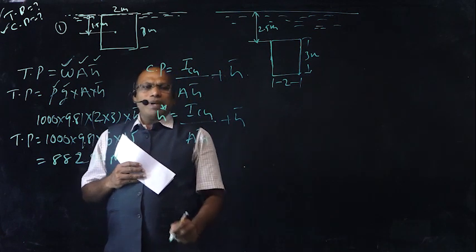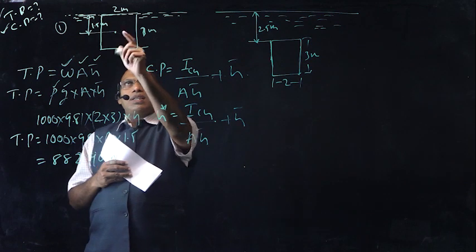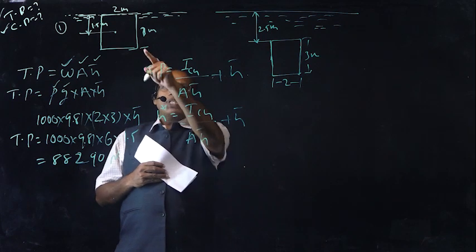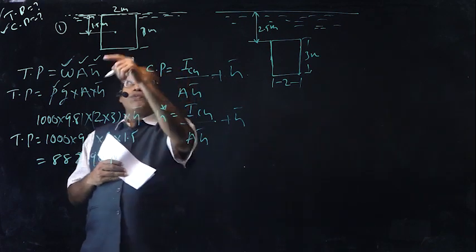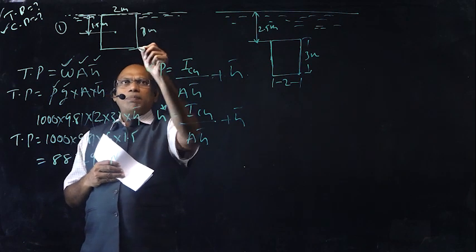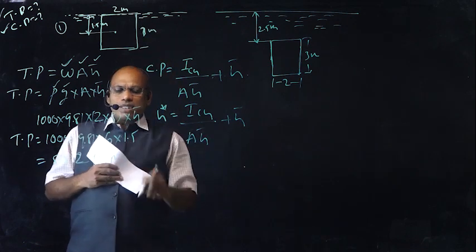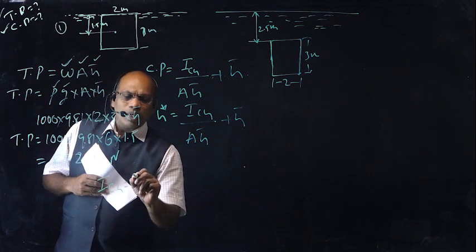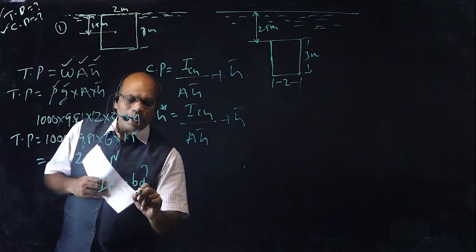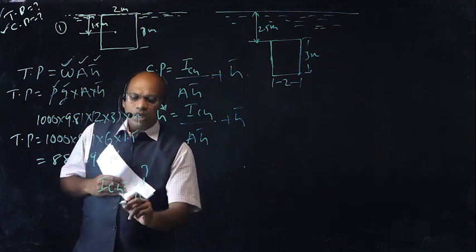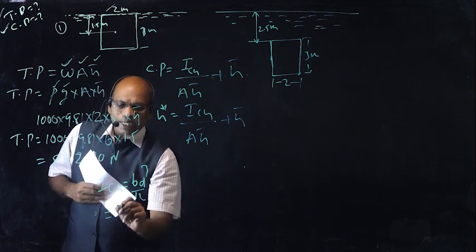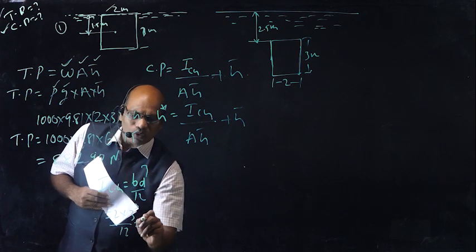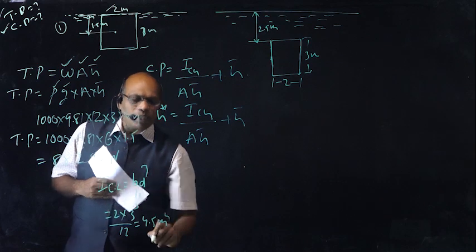Right, ICG means moment of inertia of this rectangular piece about the center. Width is equal to 2 meters, depth is equal to 3 meters. Therefore, moment of inertia about the center, ICG, is equal to BD cube by 12. Now, B is equal to 2 meters, D equal to 3 meters, 3 cube divided by 12. This is equal to 4.5 meter power 4.